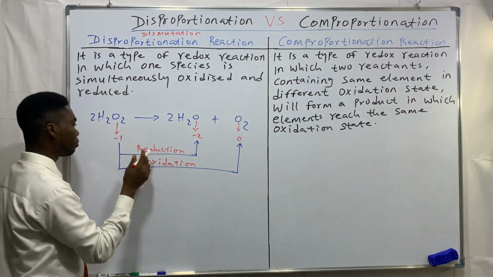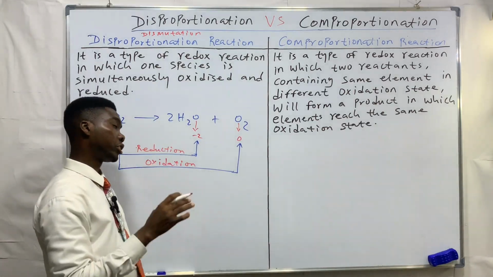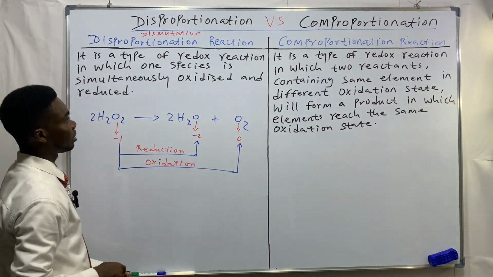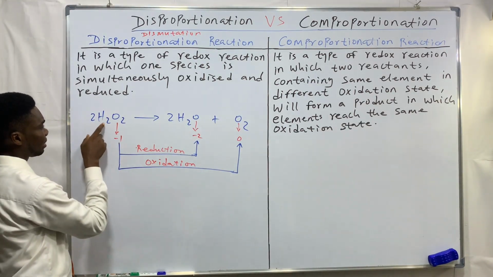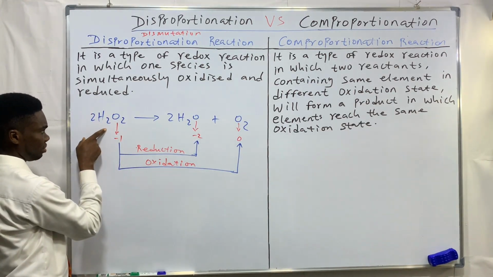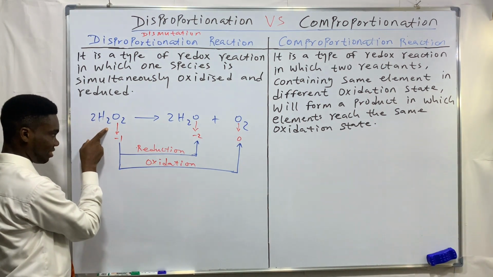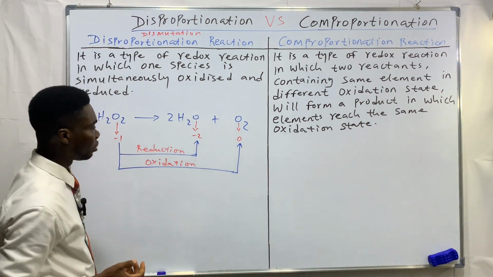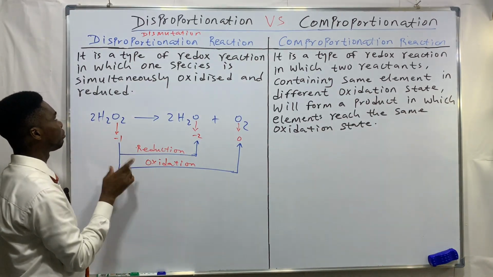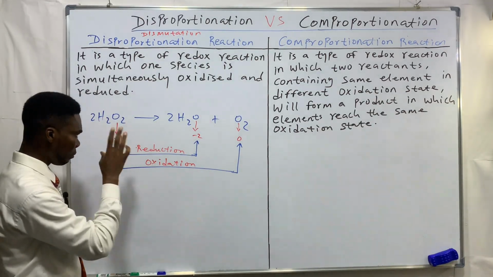A decrease in oxidation number is reduction. That's one of the definitions of reduction. So you can see that a single species simultaneously undergoes reduction and oxidation. This is a classical example of disproportionation reaction.